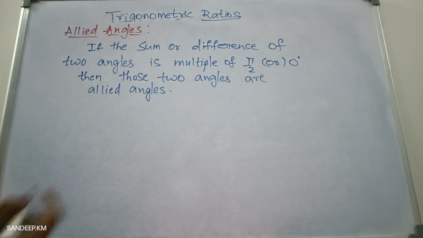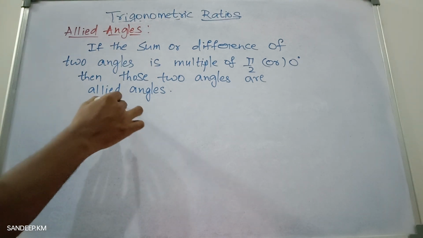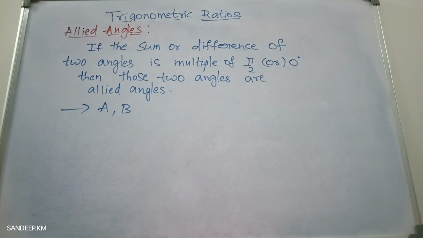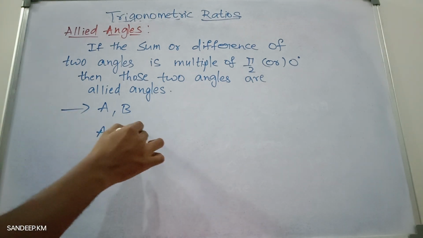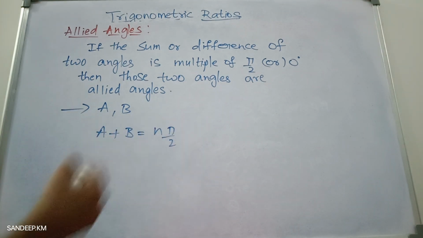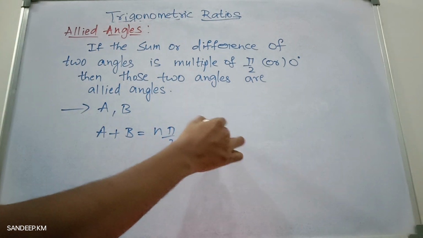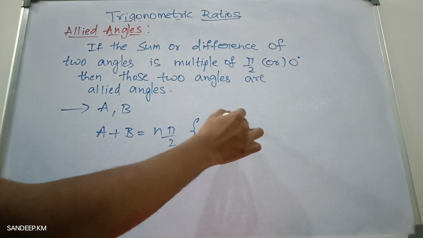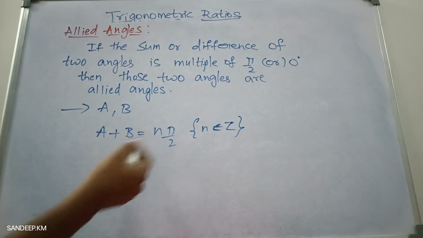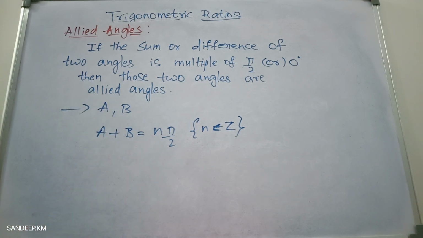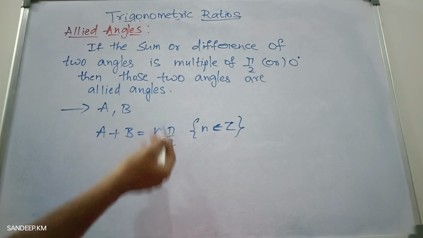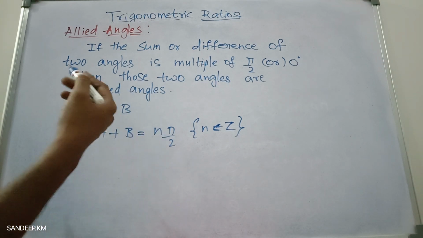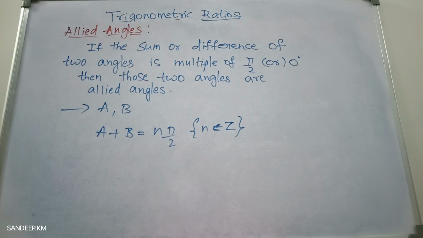To understand it better, let me consider two angles A comma B. Either A plus B should be a multiple of n pi by 2, where n is an integer. You can get 1 pi by 2, 2 pi by 2, 3 pi by 2, 4 pi by 2, or 0, or minus 1 pi by 2, minus 2 pi by 2, minus 3 pi by 2, like that.